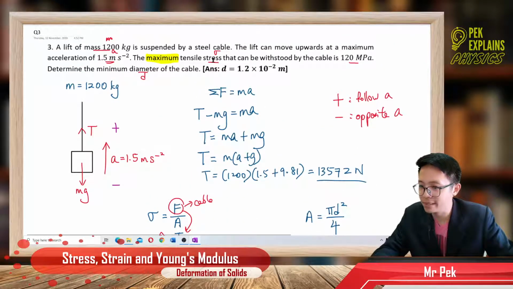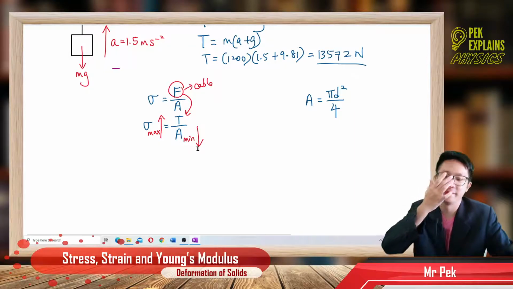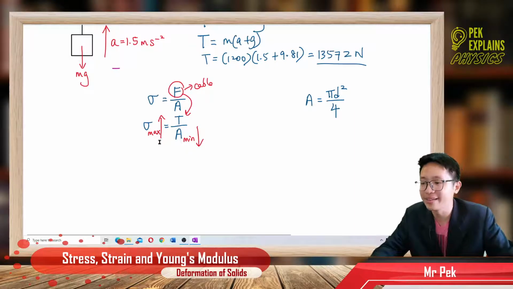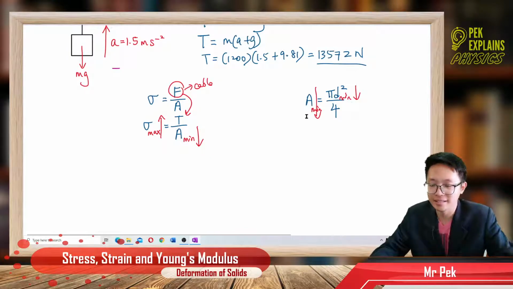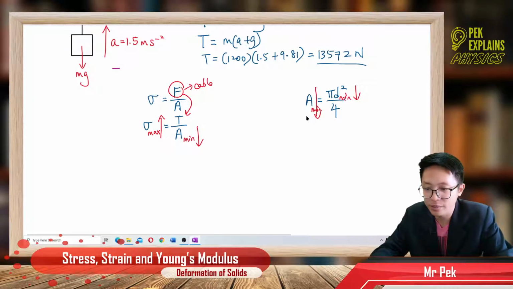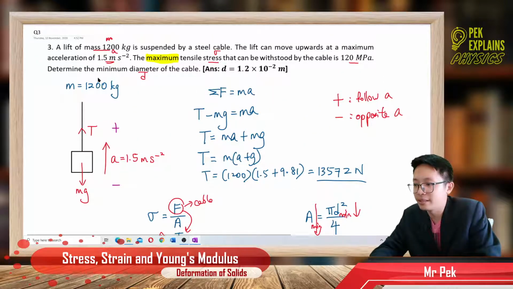Just now he said maximum stress. Yes. The maximum stress means the minimum area. So when I have maximum stress, minimum area. When you have the minimum area, means you have the minimum diameter. That's why he mentioned the minimum diameter.